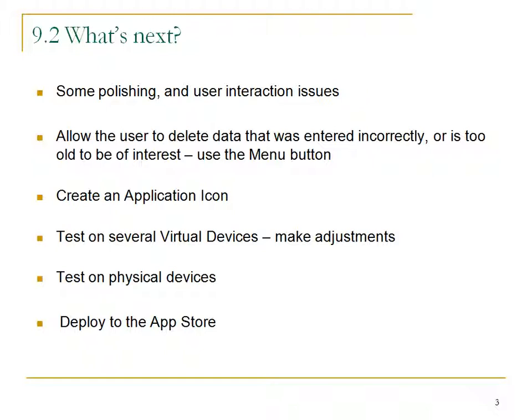So we'll need a delete from the database. And then we need an application icon that meets the standards. We need to test it on a whole bunch of virtual devices and make some adjustments, and then test on physical devices and ship it, deploy it to the App Store. And I don't know if, well, we'll see what happens.